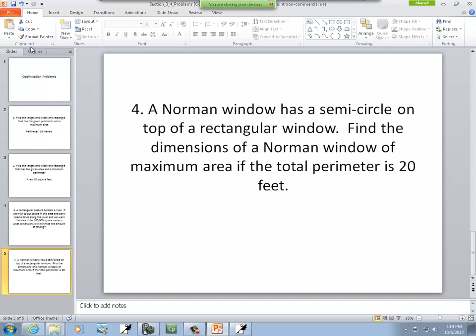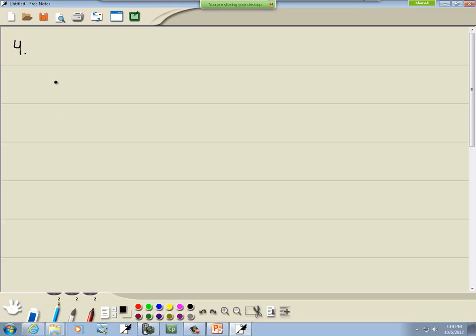Okay. A normal window has a semicircle on top of a rectangular window. Find the dimensions of a normal window of maximum area if the total perimeter is 200 feet. Okay, so we got a rectangle here, and on top of the rectangle we have a half circle. Say this distance is x. Then this distance would be, let's say, y.